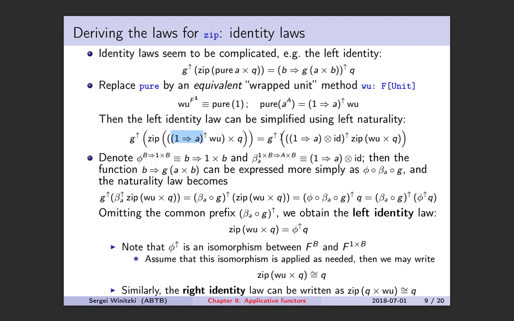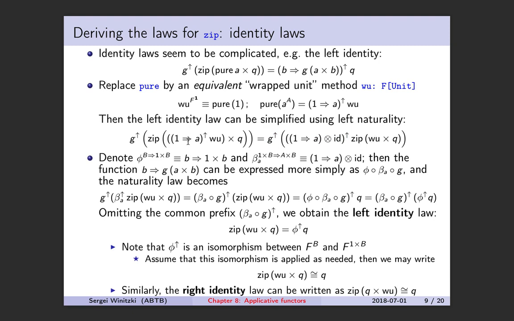Now, this we rewrite using this notation because the argument b is unchanged, and instead of 1 we have argument a. So we call G on this.